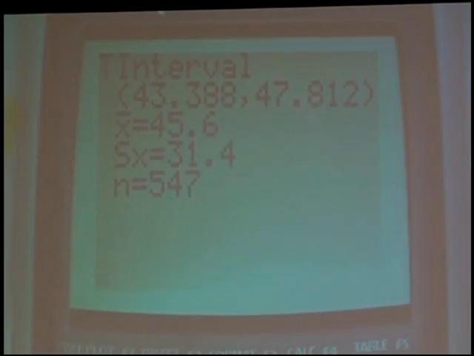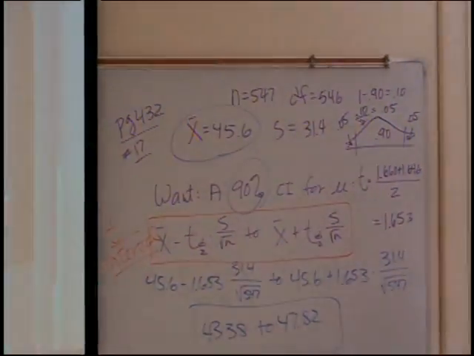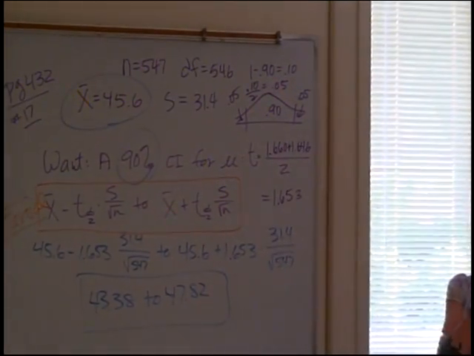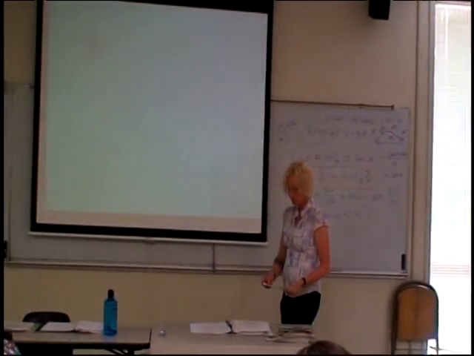Then go down to calculate. T-interval takes another split second. 43.39 to 47.81. So we're off by 1/100th. That's okay. You should be fine in my stat lab, because it'll give you the wiggle room needed for using the different technologies. So section 9.3.